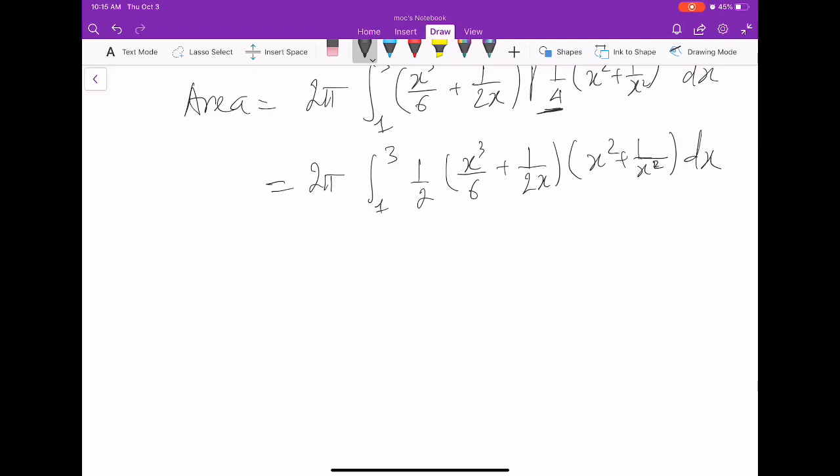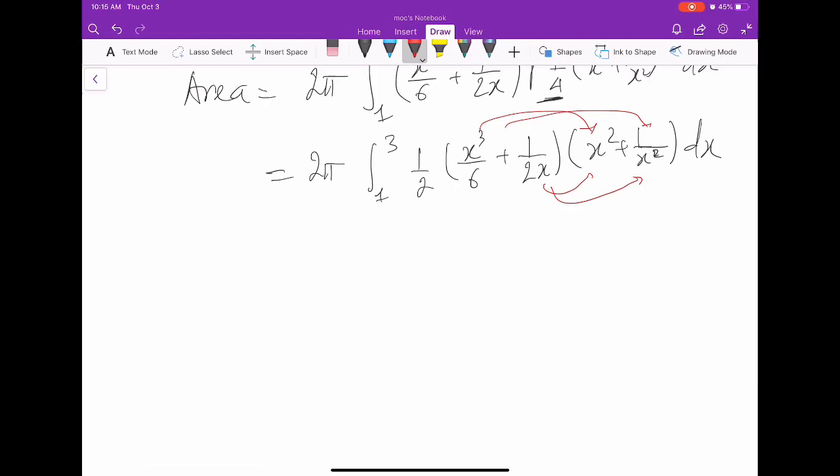And now we just distribute this with this guy, and then this guy with this guy. And then we can simplify, 2 pi and then 1 over 2. So we cancel 2, right? We have pi in here, integral from 1 to 3.